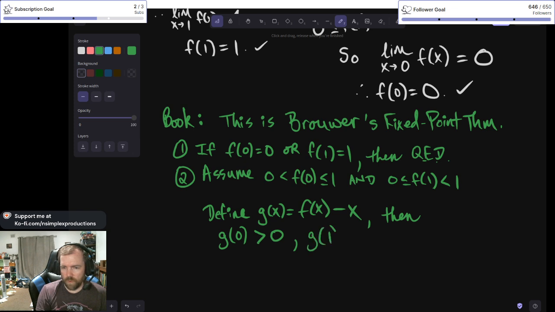And g at 1 is going to have a negative value.